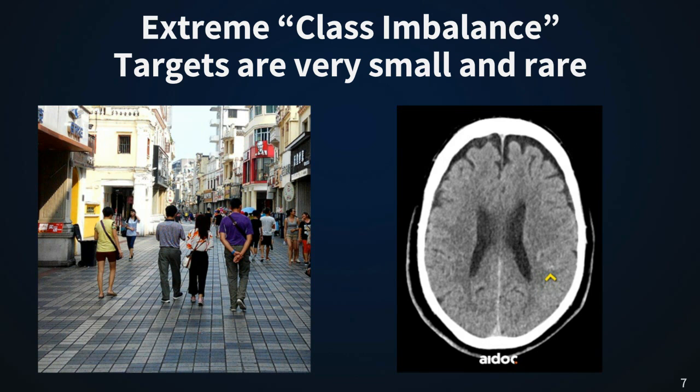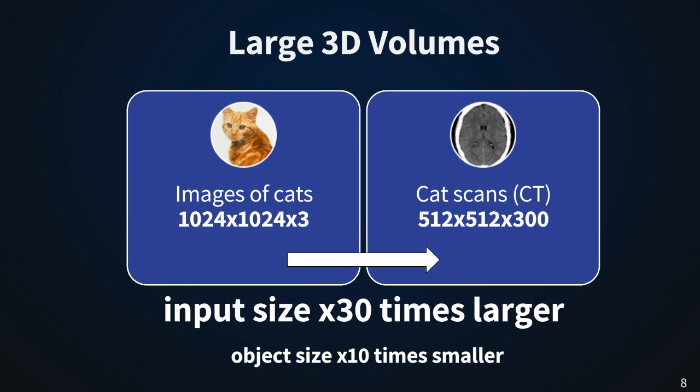And the second challenge, which is very interesting also, is the challenge of the large 3D volumes. First of all, you can see that from classical computer vision data sets that are being researched all over the academy and large companies, typical images of cats that are being used to train and test these algorithms are about 30 times smaller than the typical image in medical imaging.